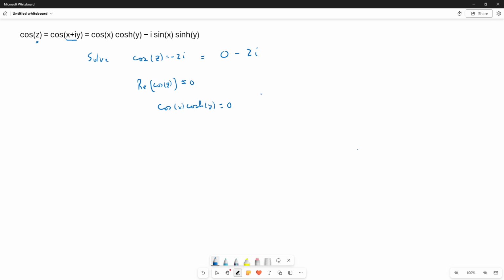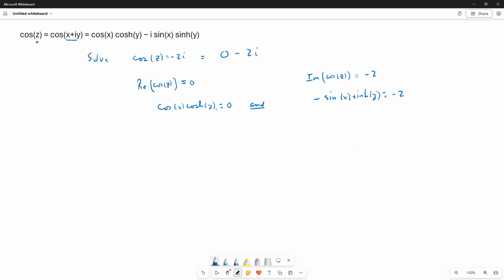That has to be 0, and at the same time, the imaginary part of cosine z has to equal negative 2, which means that negative sine x hyperbolic sine y has to equal negative 2. And of course we can multiply through by the negative here. But we have to find x and y, all x and y, which solve both of these equations simultaneously.